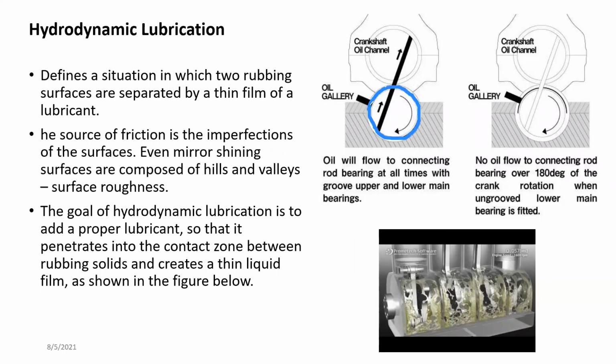So this creates a barrier between these two metal surfaces. That helps to reduce the contacts while absorbing the loads, because when the piston is moving, the load is actually transferred up to the crankshaft.